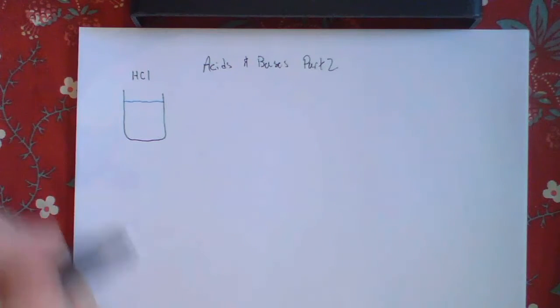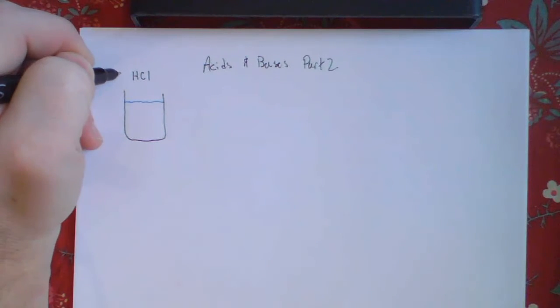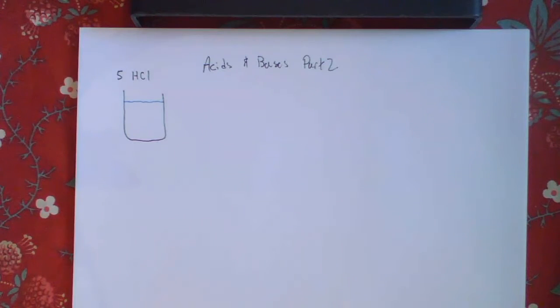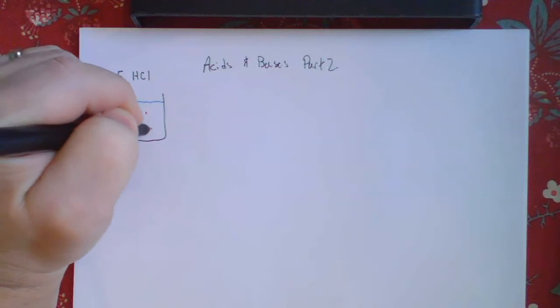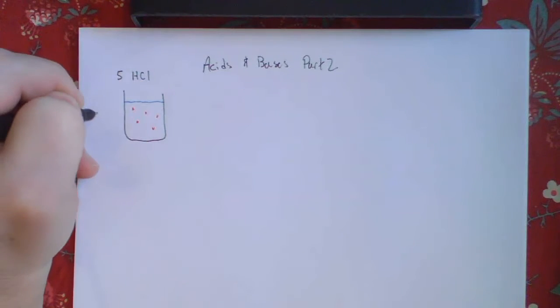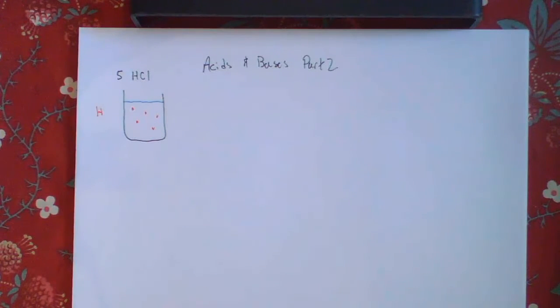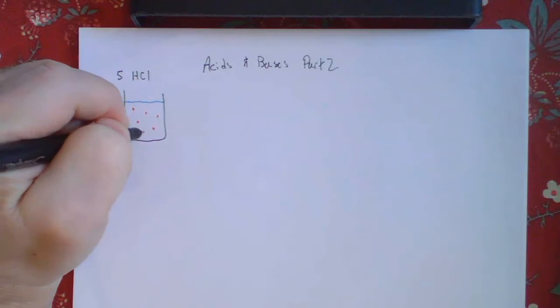So if I throw in here, say, 5 molecules of hydrochloric acid into my solution, I'm going to get 5 hydrogen pieces, and I'll get 5 chlorine ions.